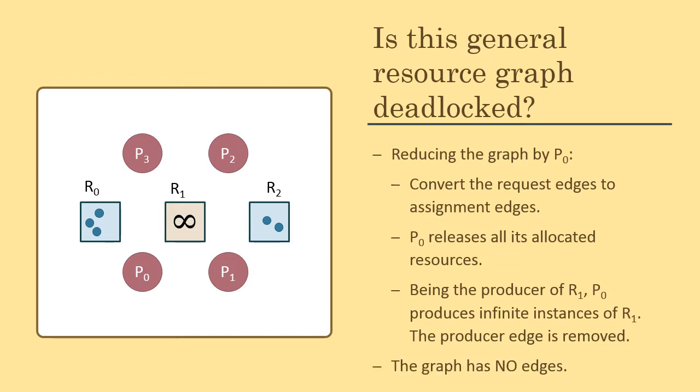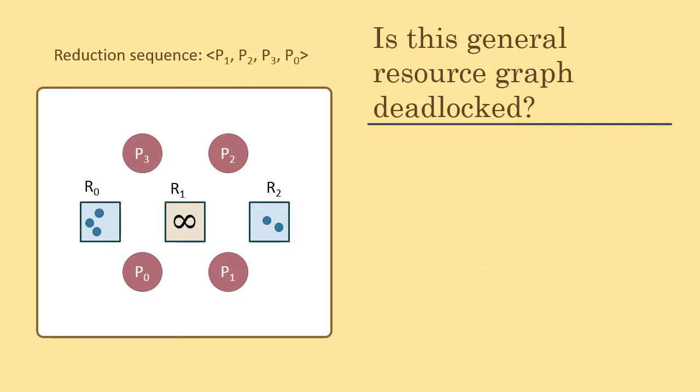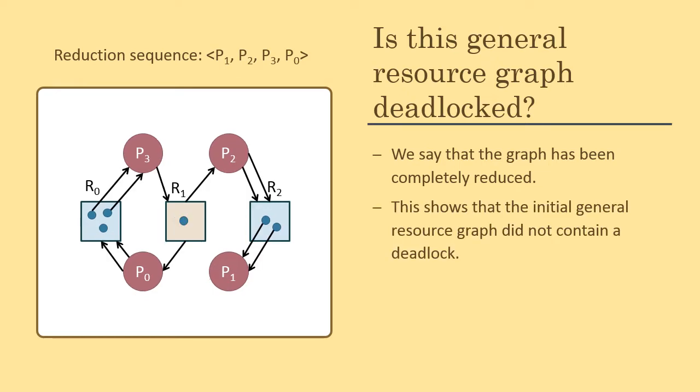The graph has no edges. We say that the graph has been completely reduced. This shows that the initial general resource graph did not contain a deadlock. We can additionally understand that one consumable resource can have more than one producer.